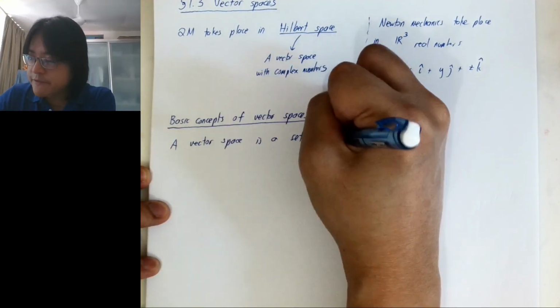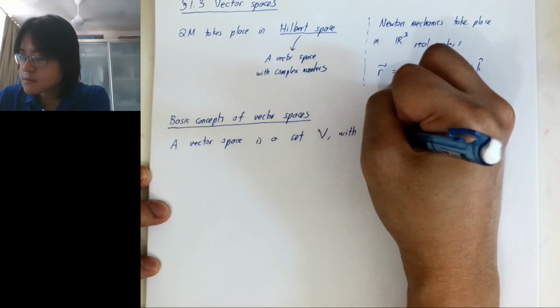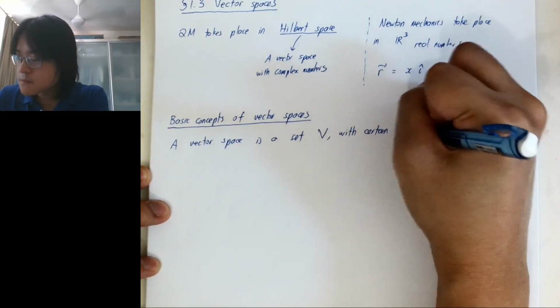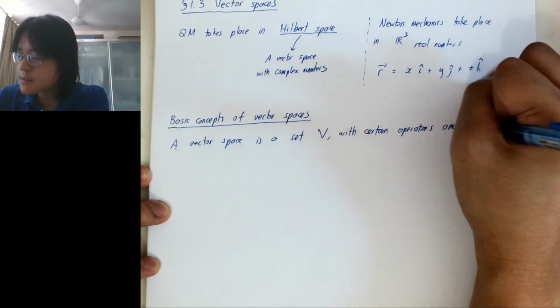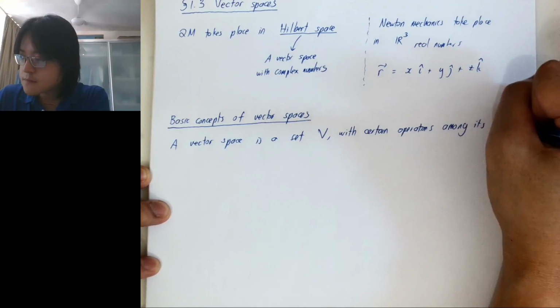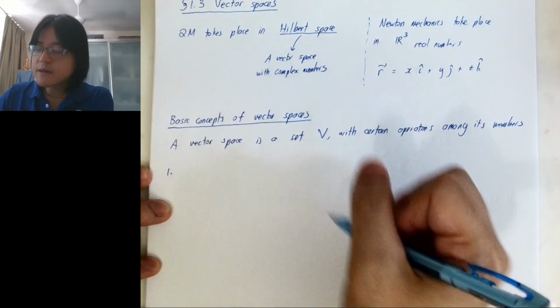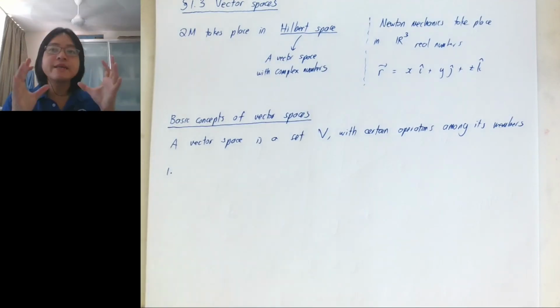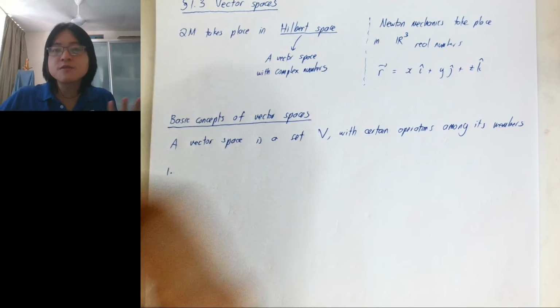Let's call this set V, with certain operations among its members. In order for something to qualify as a vector space, you need to be able to do certain operations.